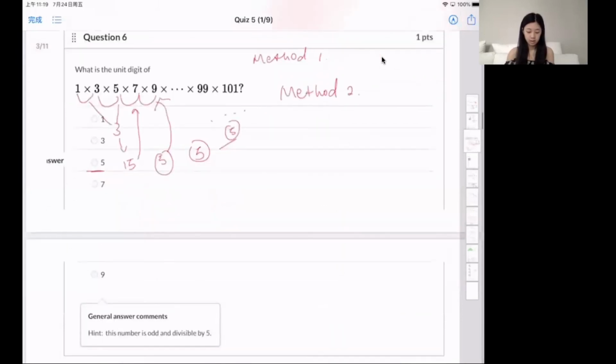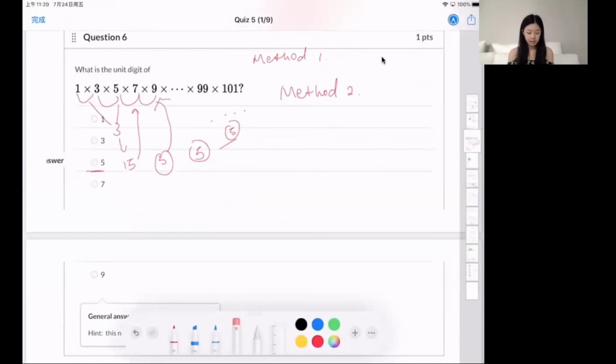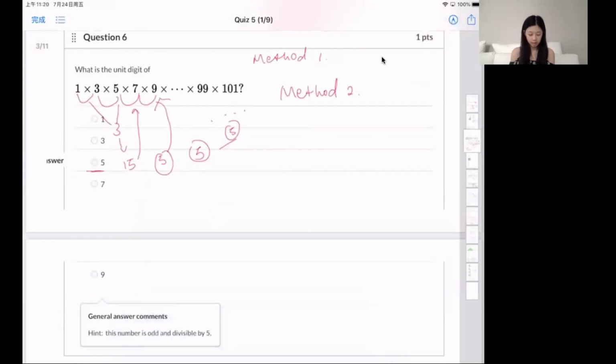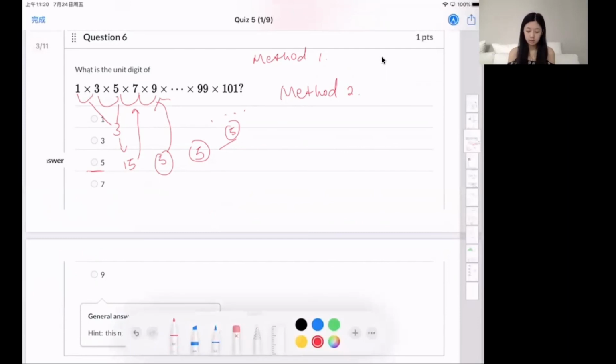Let's see method 2. Since the hint said it's odd and divisible by 5, let's think about the divisibility test.